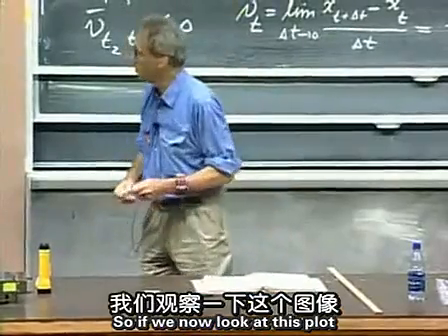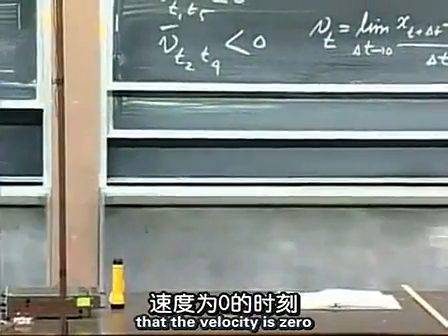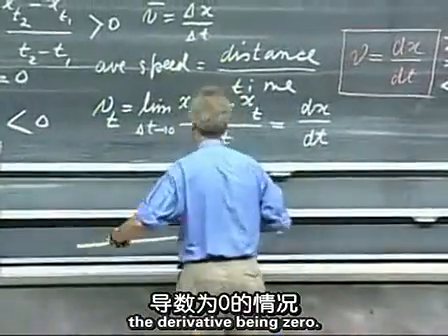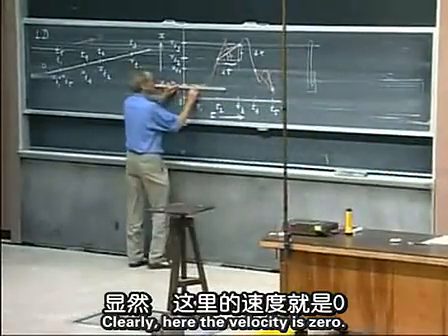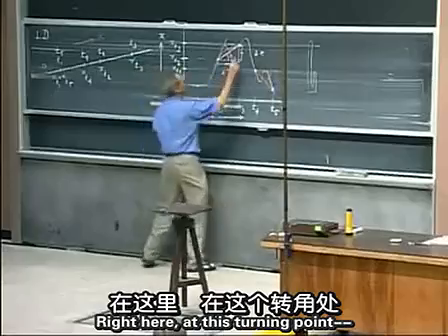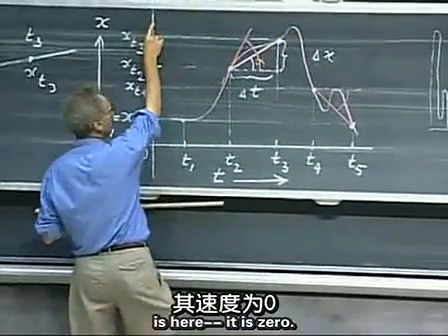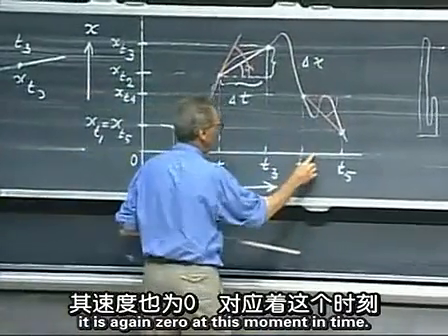So if we now look at this plot, we can search for the times that the velocity is 0. So you have to look for the derivative being 0. That means the angle alpha being 0. Clearly here, the velocity is 0. Right here at this turning point, that means when the object is here, it is 0. When the object is here, it is again 0 at this moment in time.